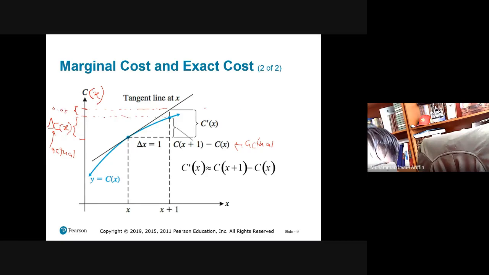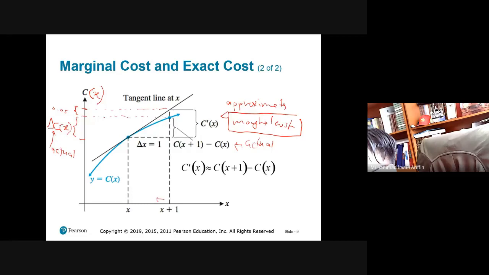But 0.05 is such a small amount. As you can see, there is a gap. This is the approximate where we apply the concept of derivative, and this is what we term as the marginal cost. It is a good approximate as long as we make the change smaller.